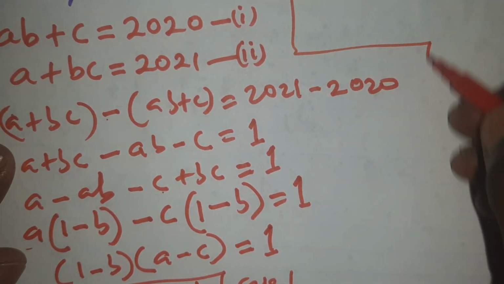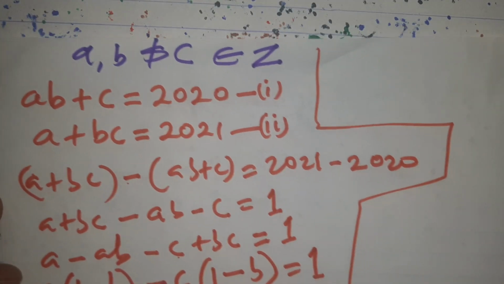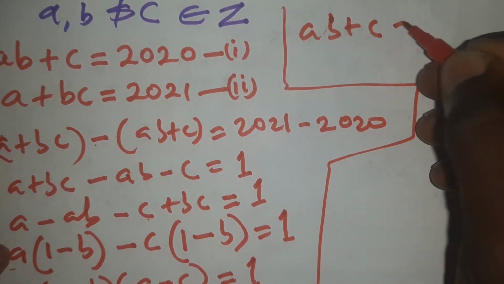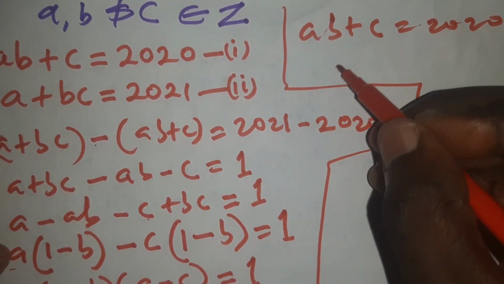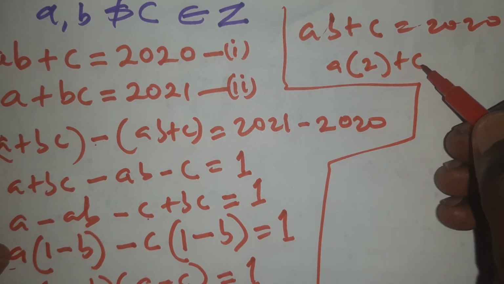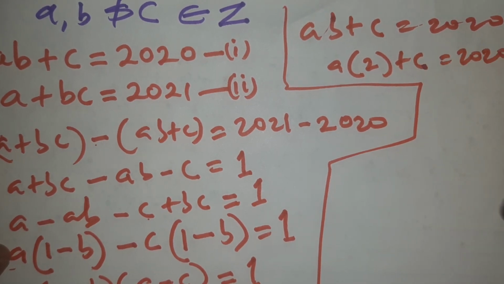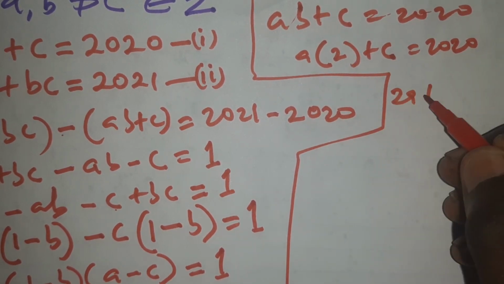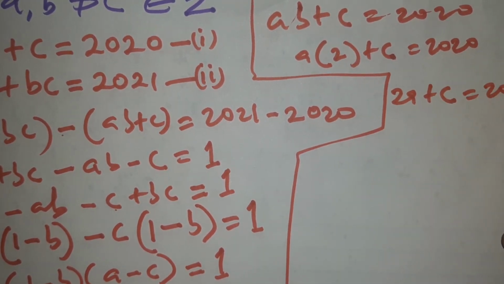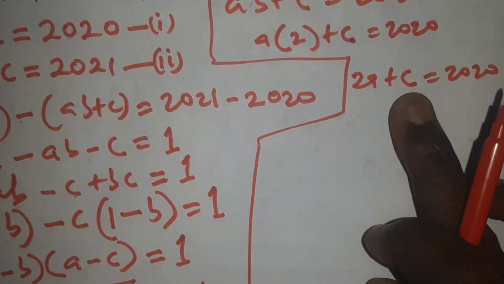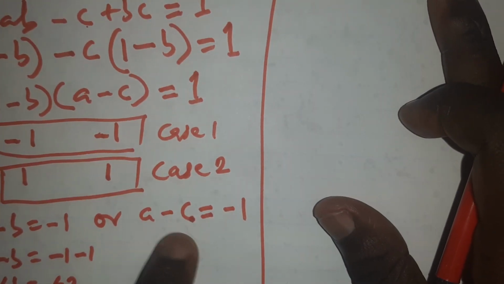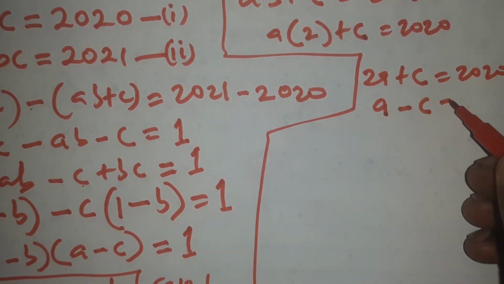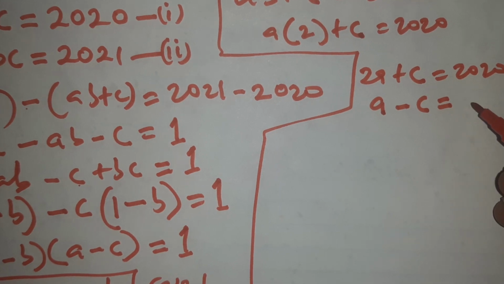From equation 1, we have AB plus C equals 2020, and I can now have A bracket 2 plus C equals 2020. Then 2 times A is 2A, so 2A plus C equals 2020. I can now solve this equation with A minus C equals minus 1 simultaneously.